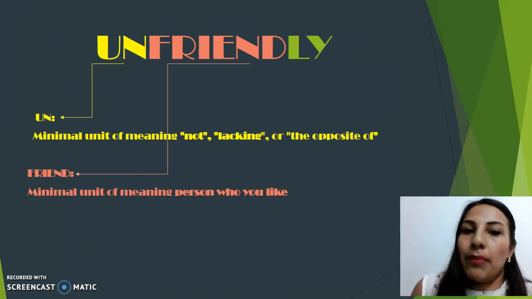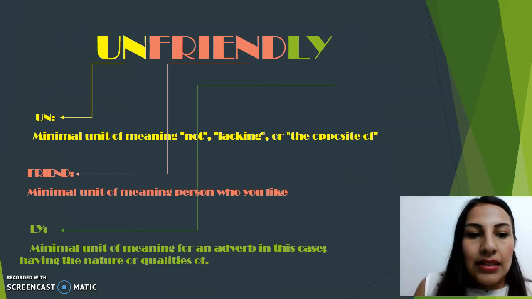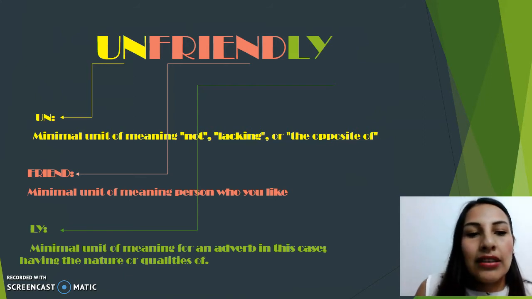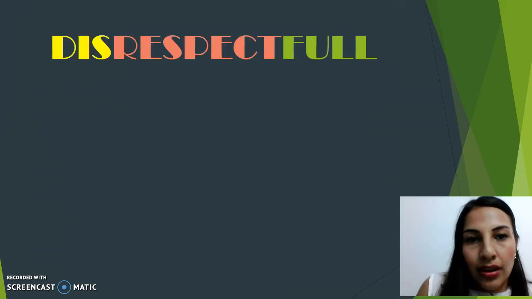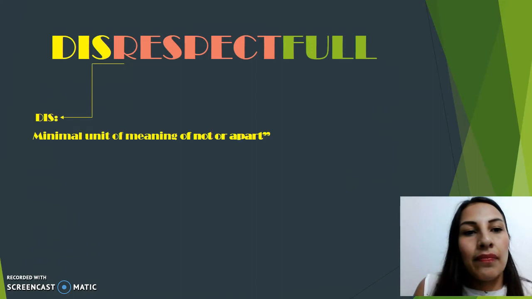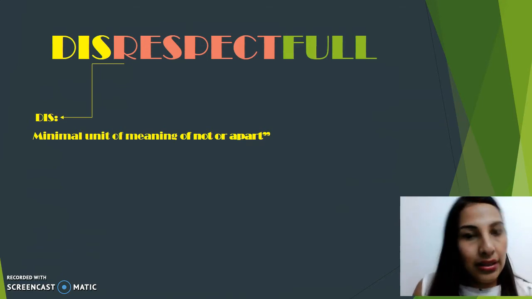A friend is a person who you like. And ly is a minimal unit of meaning for an adverb. In this case, it means having the nature or qualities of. Take this other word, disrespectful. Dis is the minimal unit of meaning of not or apart.